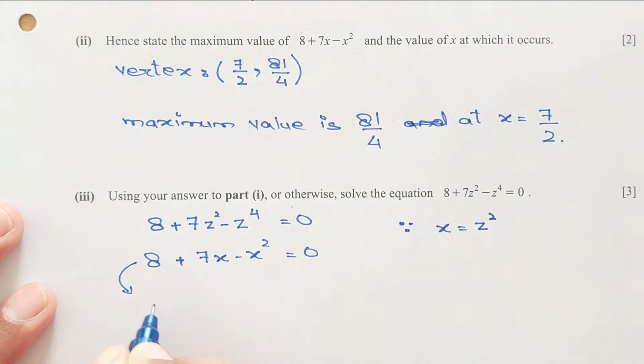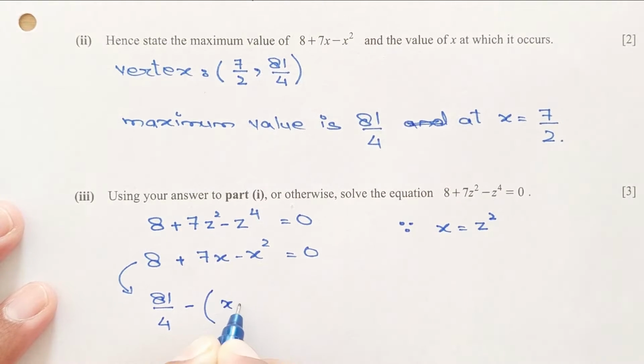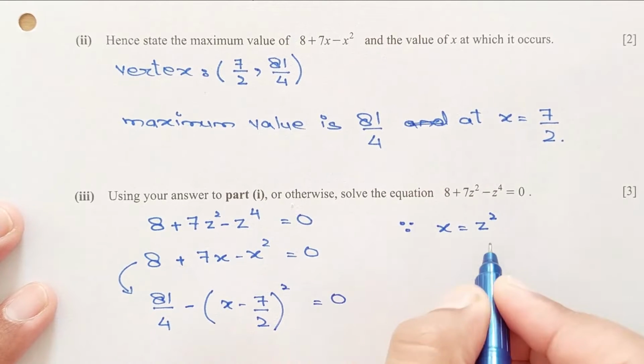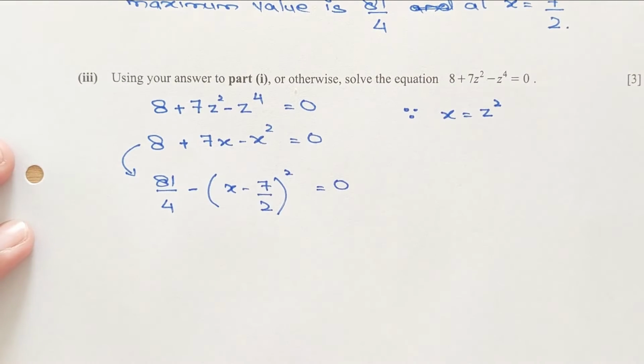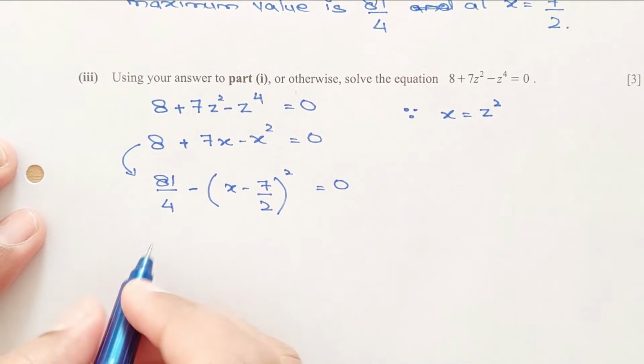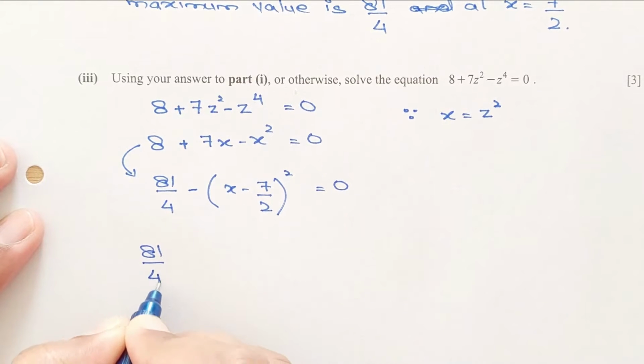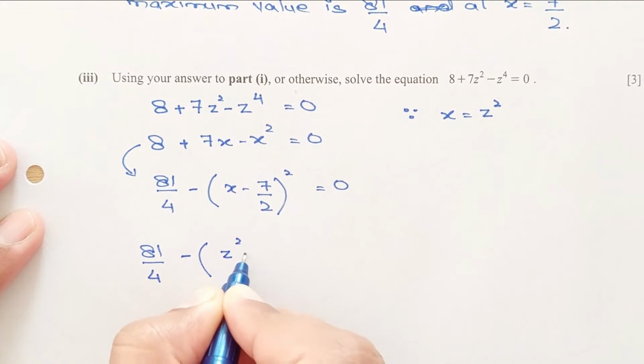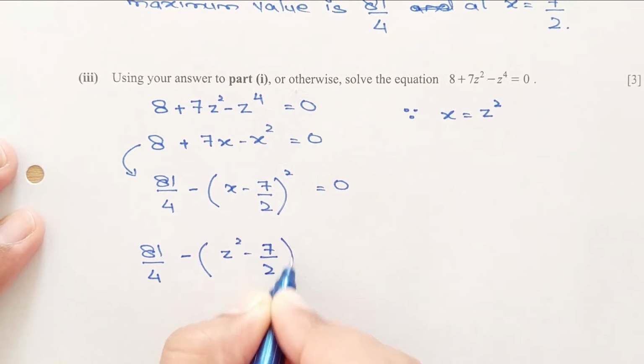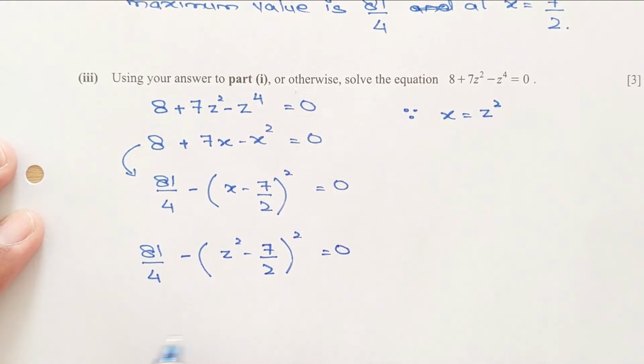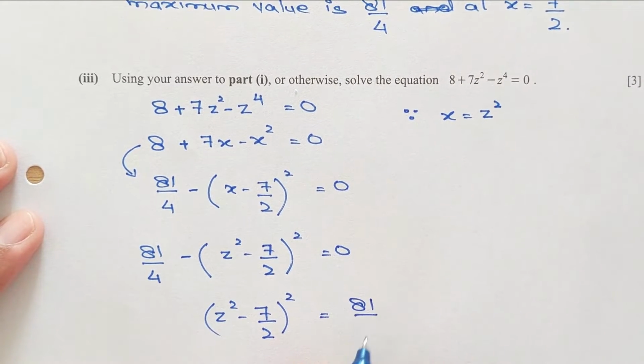So the vertex form we have is 81 by 4 minus (x minus 7 by 2) whole squared equals 0. Now in terms of x, we have to use z squared here, right? So we can say 81 by 4 minus (z squared minus 7 by 2) whole squared equals 0, right? So (z squared minus 7 by 2) whole squared equals 81 by 4, right?